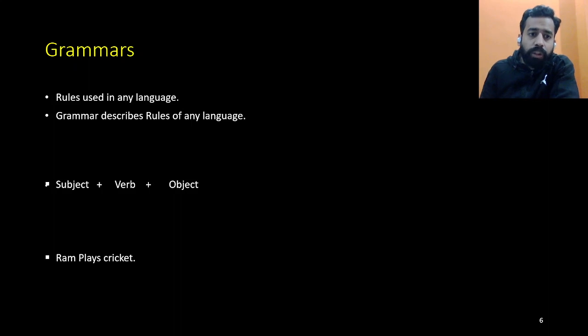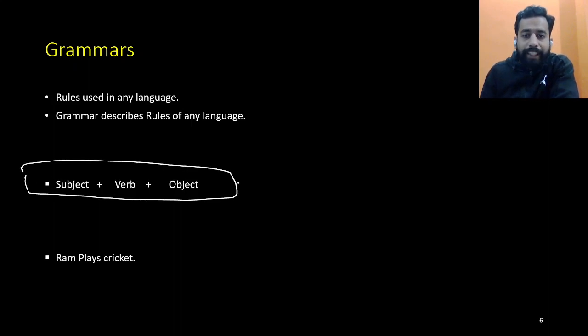You must have heard this rule: subject plus verb plus object. By using this rule, I can make a sentence: from subject I can take Ram, from verb I can say plays, and from object I can use cricket. So, Ram plays cricket. Is this a correct sentence? Yes, it is a correct sentence.